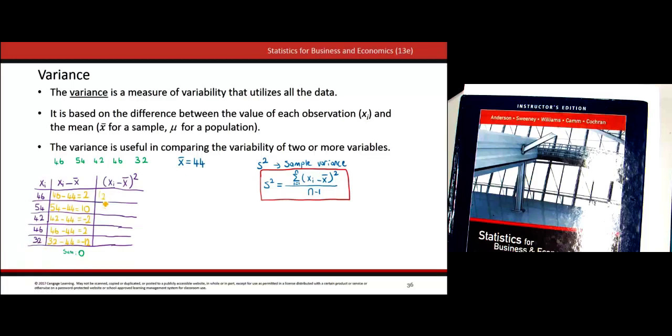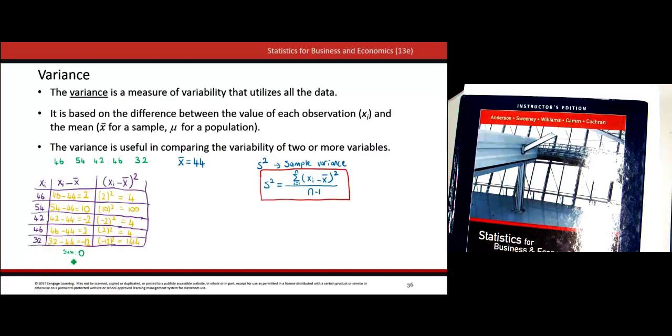So now 2 squared is 4. 10 squared, 100. Negative 2 squared, 4. 2 squared, 4. Negative 12 squared, 144. Now we add these values.